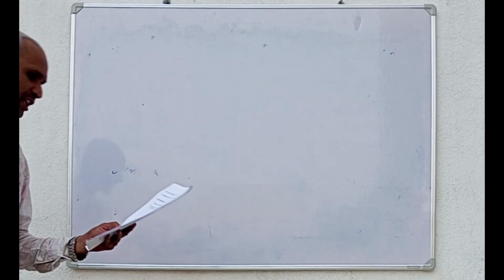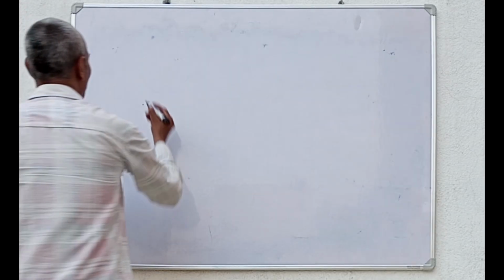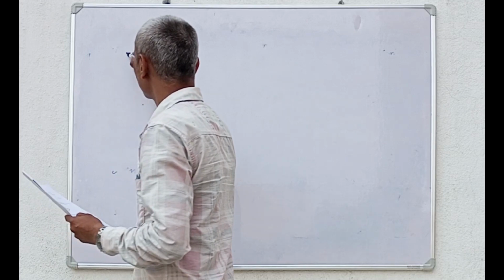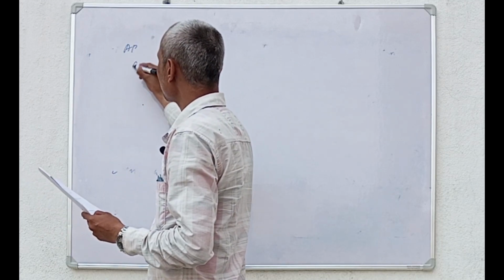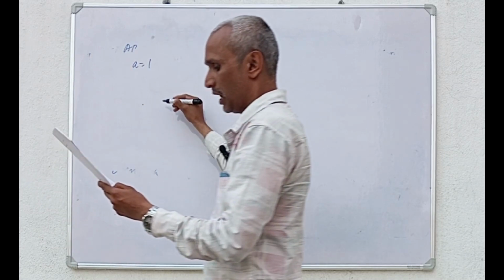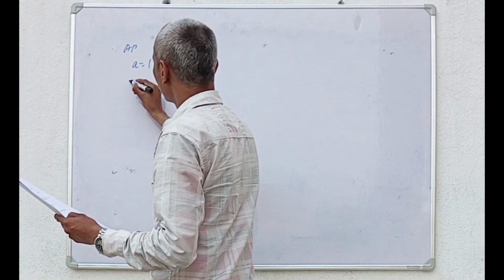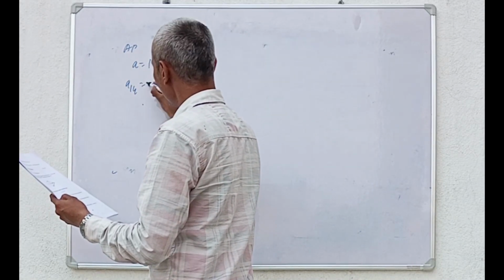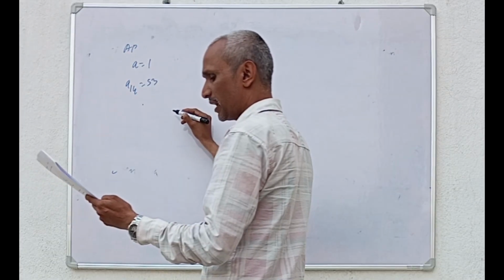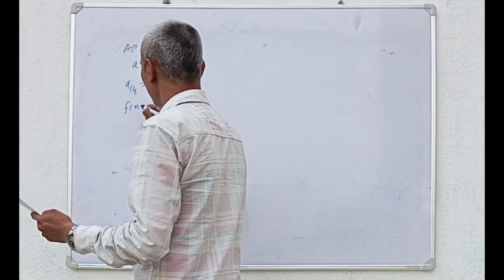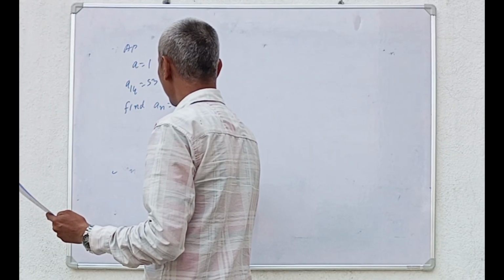Question given: if the first term of an arithmetic progression, means AP, is 1, in AP first term A is equal to 1, and the 14th term is 53, 14th term A14 is equal to 53. Find the nth term, AN, we are going to find out.